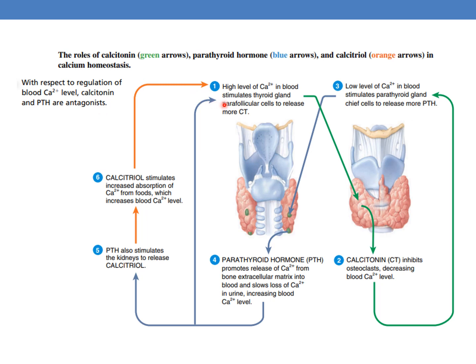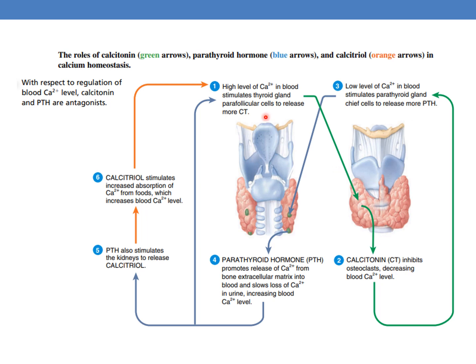Coming to the first step, high levels of calcium in the blood stimulate the thyroid gland parafollicular cells to release CT, which is nothing but calcitonin. And this calcitonin inhibits the osteoclasts, decreasing the blood calcium levels.